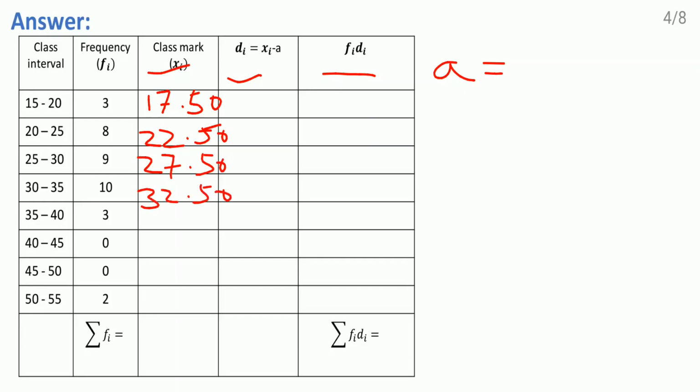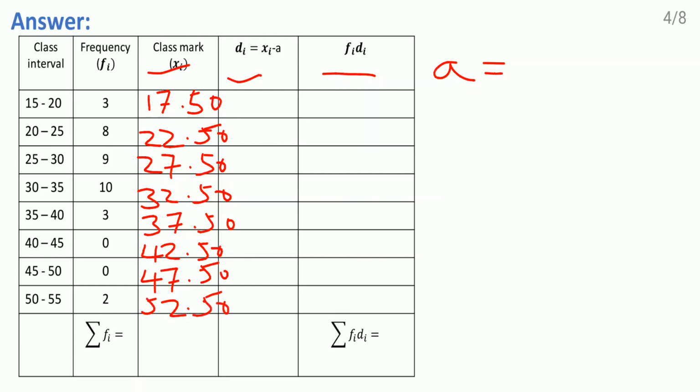See, now 32.50. Look at this one here. Here 17, then here 27, here 22, here 32. Okay. So here 37.50. The next one is 42.50 here. This one is 47.50, and here 52.50.